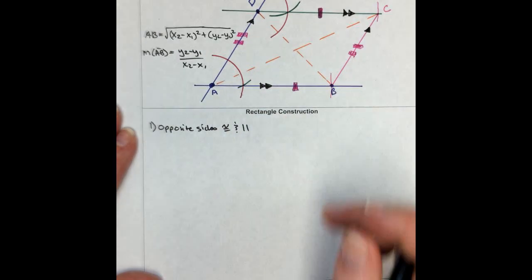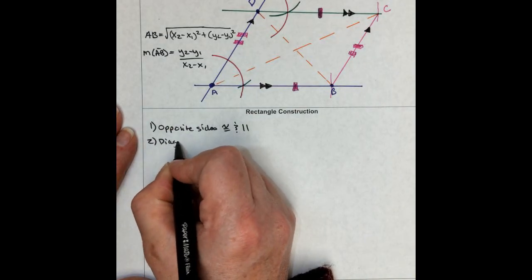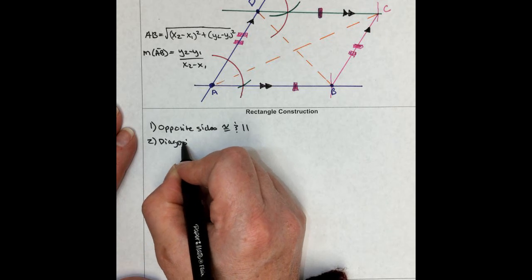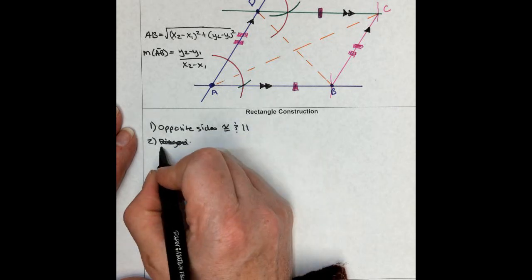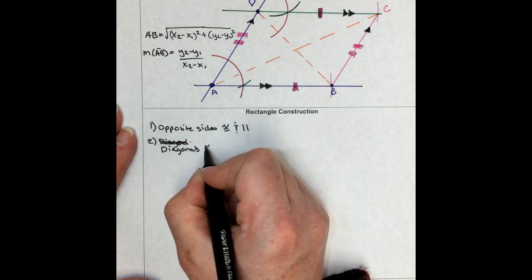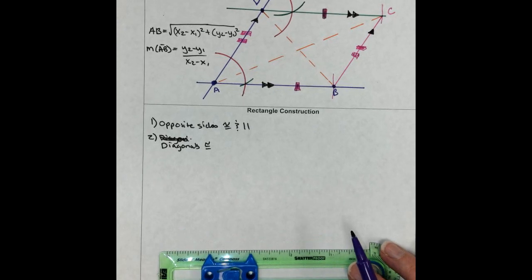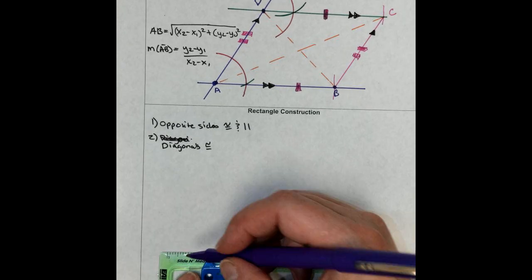So same thing as a parallelogram. However, our diagonals are congruent. So when I'm constructing this, we're going to create our base.